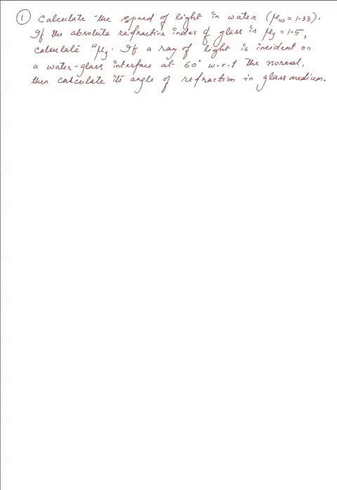Now here's a question that I've prepared for you, so that we can understand what we have studied as of now. The question stands: calculate the speed of light in water if the absolute refractive index of water is 1.33. That's the first part of the question, which is what I'm going to attempt.